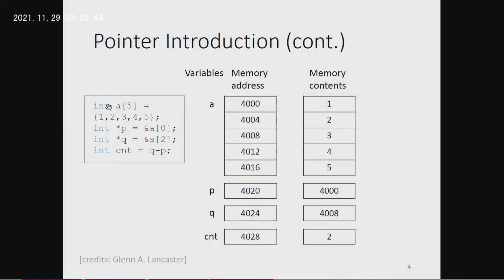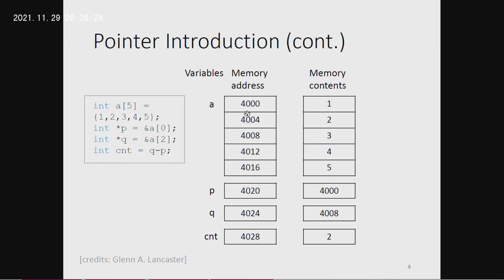For this example, we declare an array A, and this array has 5 elements, 1, 2, 3, 4, 5. And on the right-hand side figure, I visualize the array A, and suppose the memory address of each element of array A is shown as in this figure.